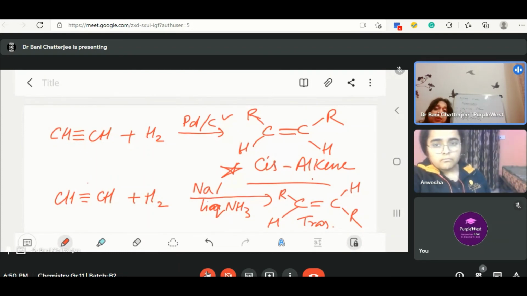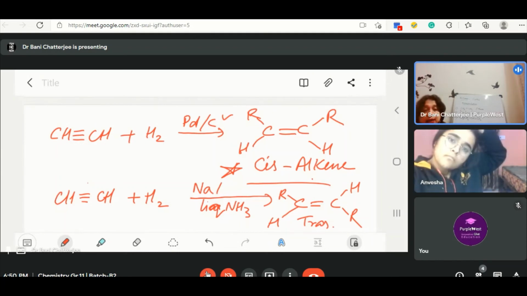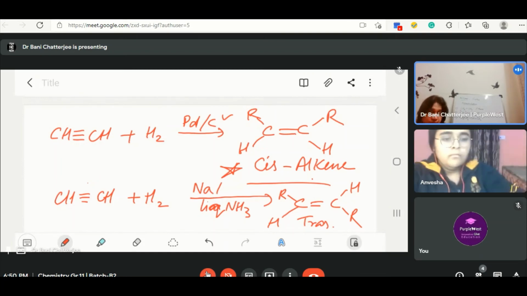So this is applicable only for ethene. If I talk about propene or butene, nothing like that, you can directly add the palladized carbon only.